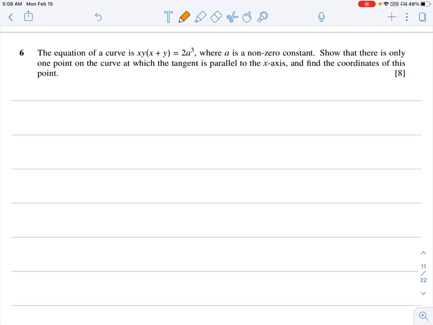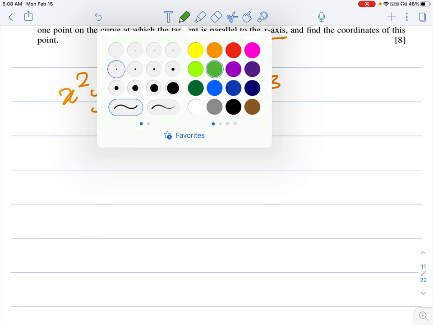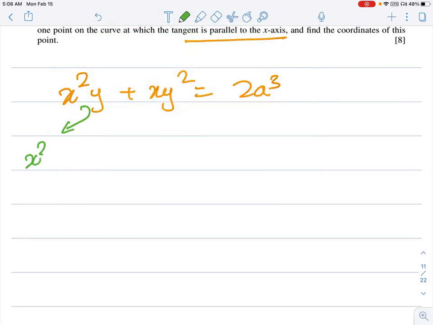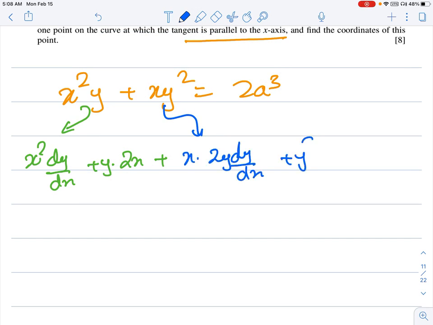Question number 6. Show that the tangent which is parallel to x-axis, there is only one point on the curve at which the tangent is parallel to x-axis, and find the coordinates of the point. So expand this one. x square y plus xy square is equal to 2a cube. Do the implicit derivative. x square dy by dx plus y times x square derivative is 2x. xy square derivative is 2y dy by dx plus y square times 1 is equal to 0.